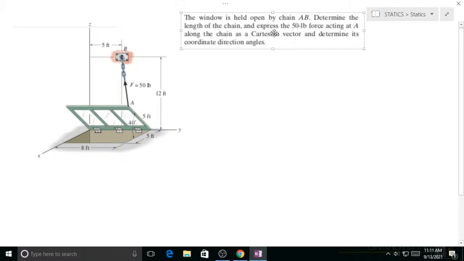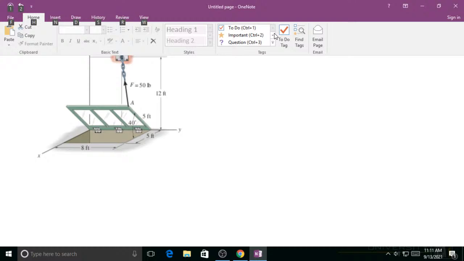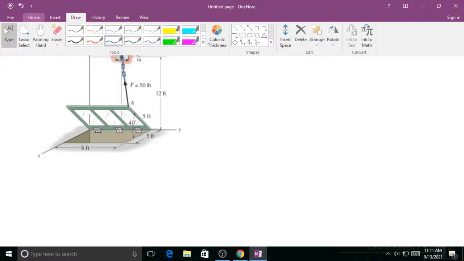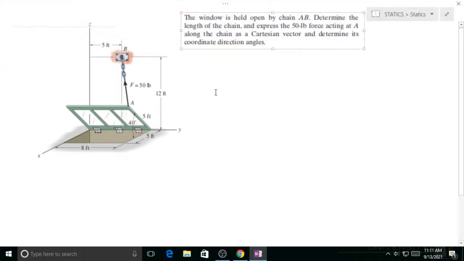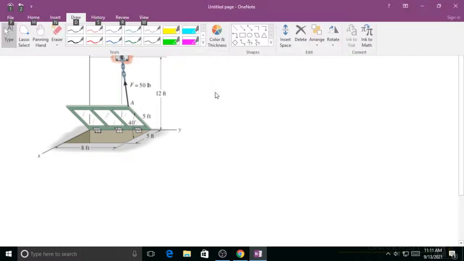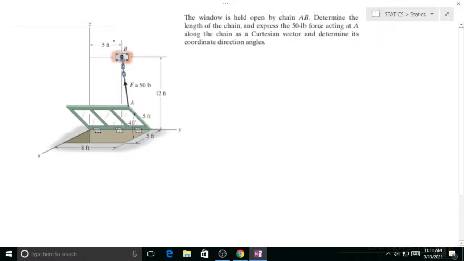Okay, if I hit the Alt, I'll stay in the draw. Okay, Alt, so that brings me up. Let me orient my body here and start working on this.